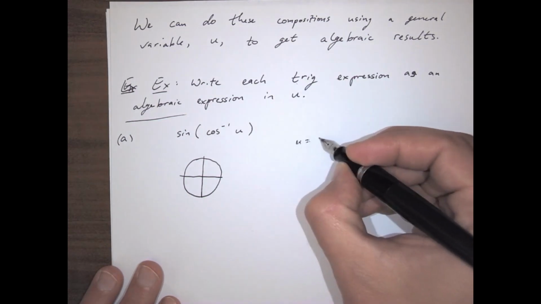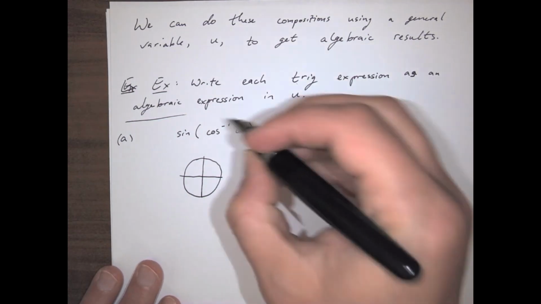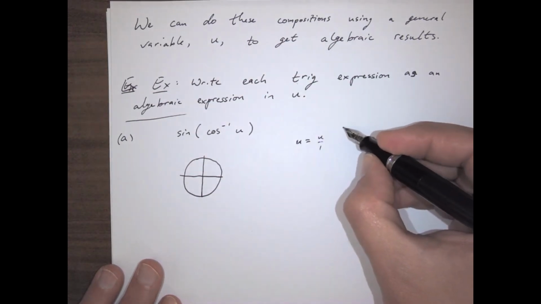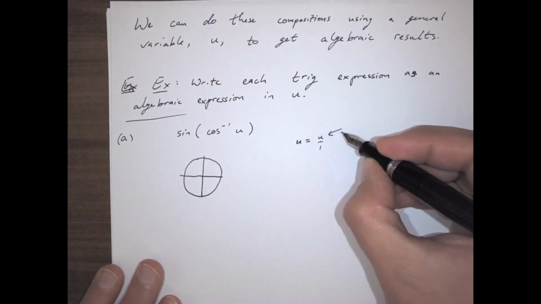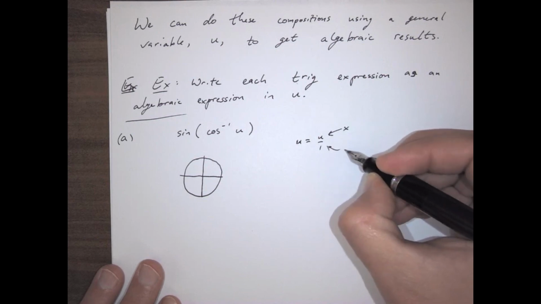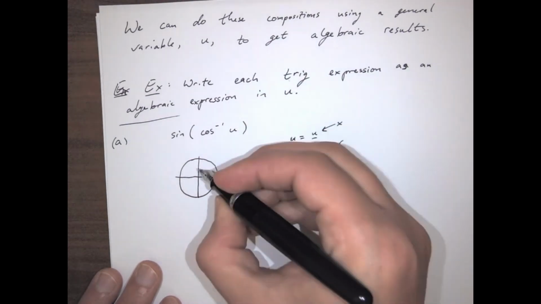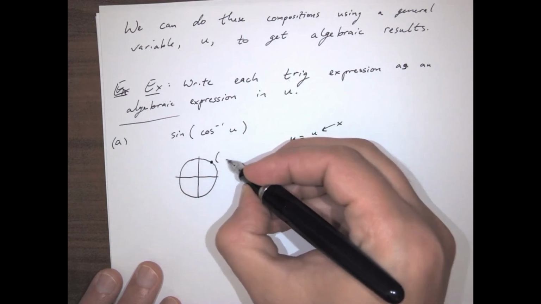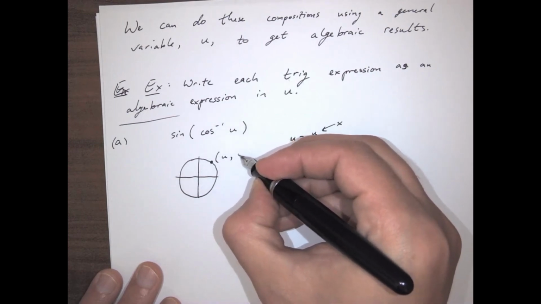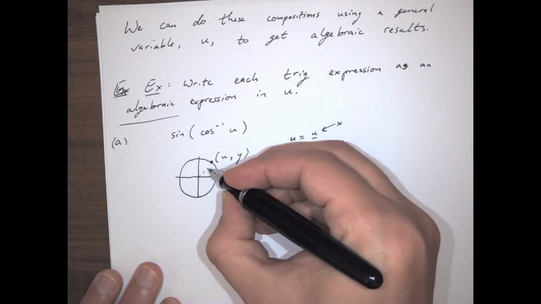So u, we can rewrite that as u over 1, and this is a cosine, so we might as well make u equal to the x and 1 equal to the r. So now we will be on a unit circle.